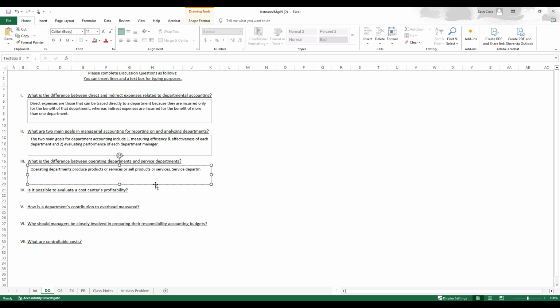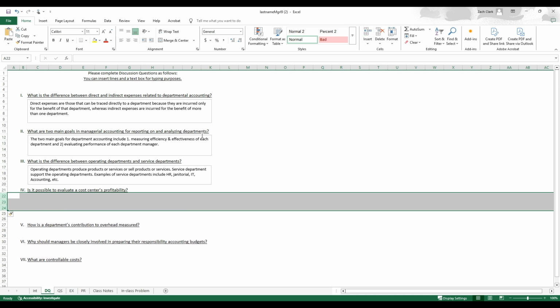Service departments support the operating departments, or service those departments, if you want to think of it that way. Examples of service departments include things like we just talked about: HR, janitorial, IT, accounting, etc.